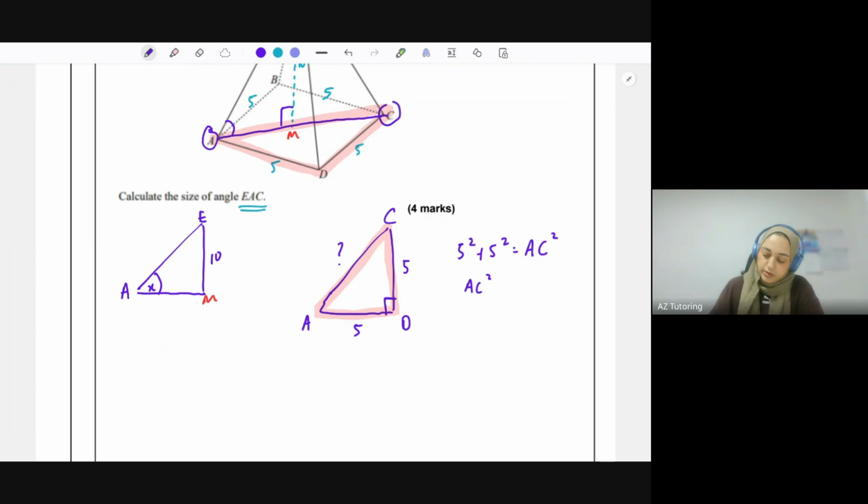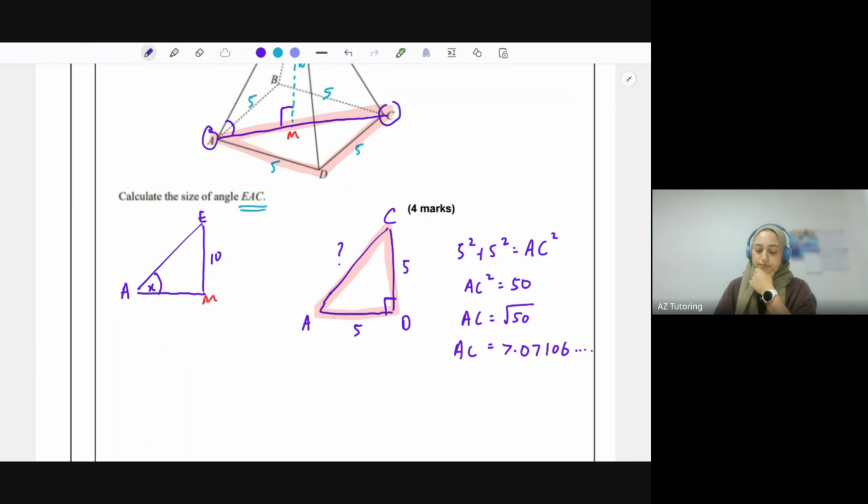So AC squared equals 50. So AC is the square root of 50, which is, keeping it to a few decimal places, 7.07106. It continues forever, but I'll keep it to that much.